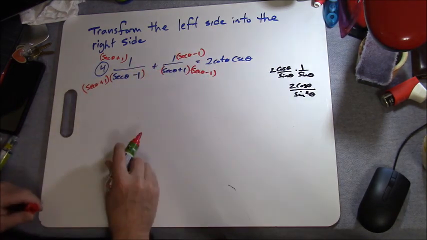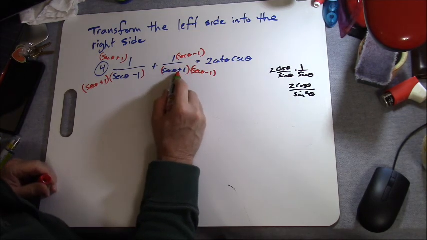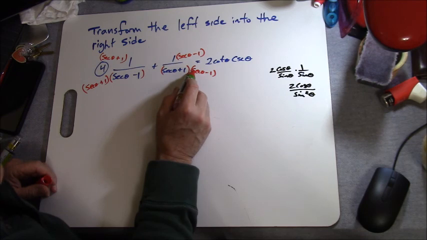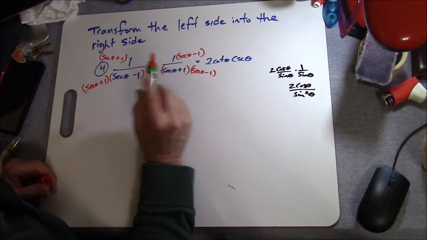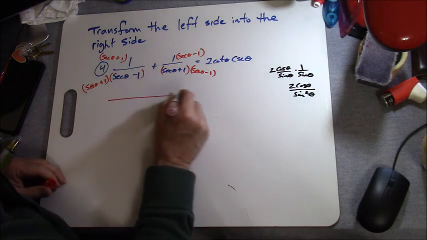Make sure we're using parentheses properly here because, if I don't write down parentheses and then I go and FOIL this, well, I'm not really doing what it says. I want to make sure I write it the correct way and do it the correct way. All right, so here's what I get.